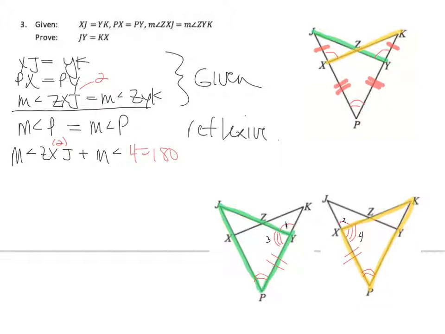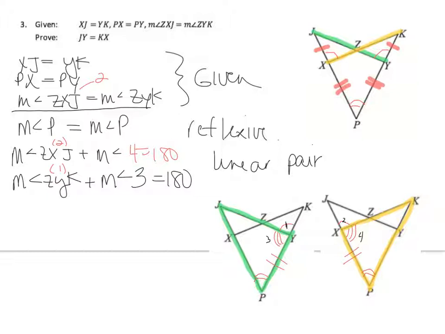And the measure of angle ZYK, which is 1, plus the measure of angle 3 is also equal to 180. And that's the linear pair. Linear pairs are supplementary. Awesome. We're getting there. Okay.